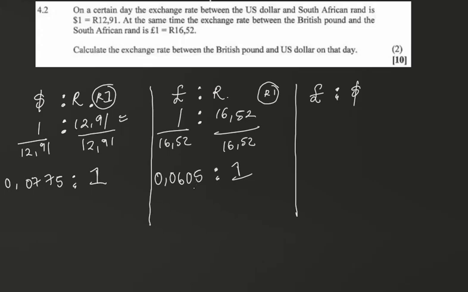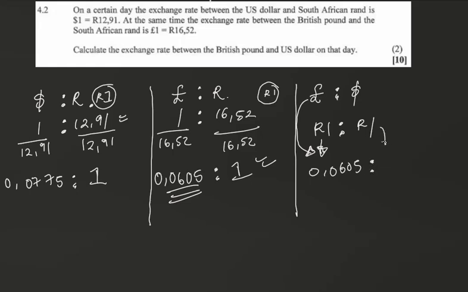So now I have a rand and a rand equivalent, right? So which means 1 rand in terms of the pound is equal to this amount, 0.0605.